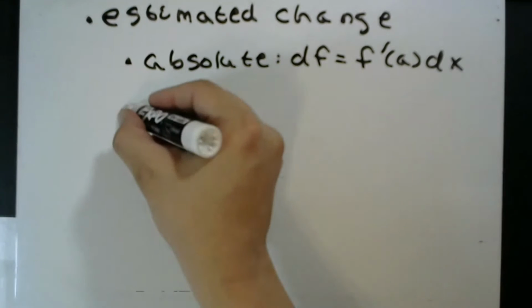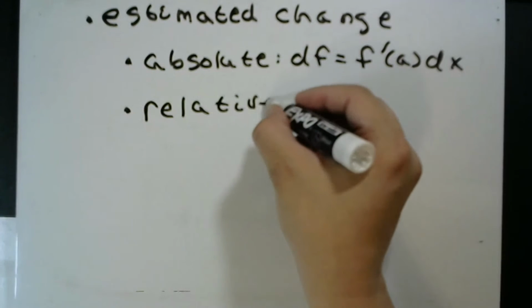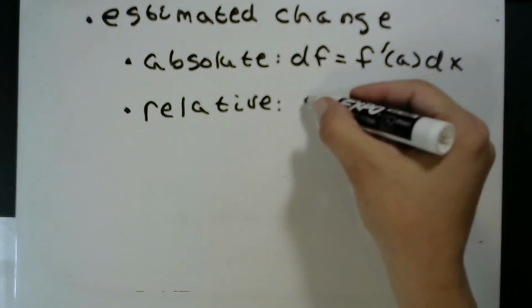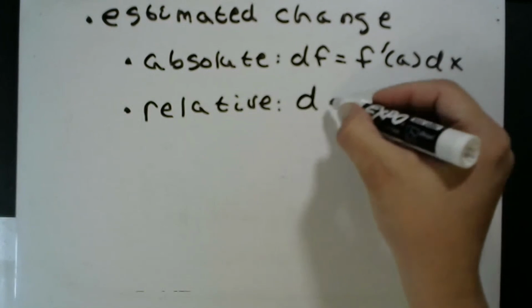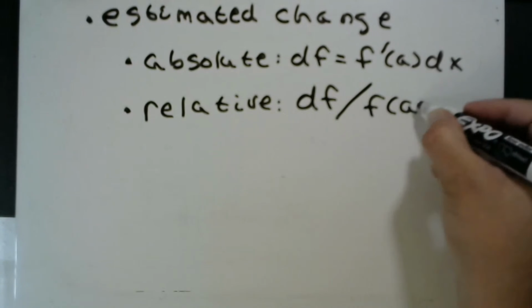And then relative, well, this will be df divided by f of a.